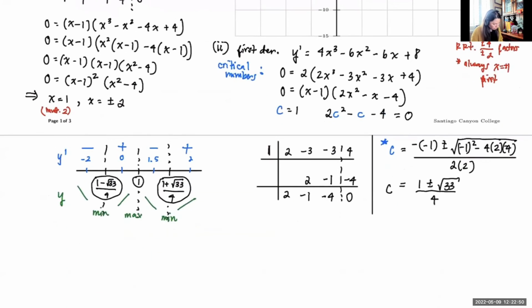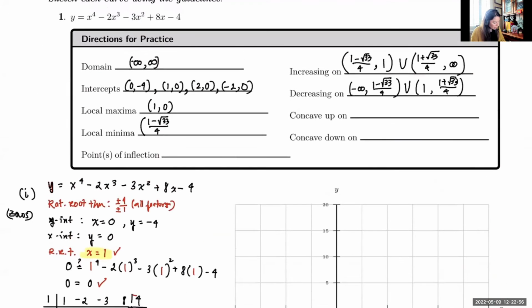If I scroll here, those are where the two minimum are, right here. So we have 1 minus, and then if you just plug and chug that in, you're going to get a y value of around negative 12.39. And then the other minima is at the other side, which is 1 plus the square root of 33 over 4.